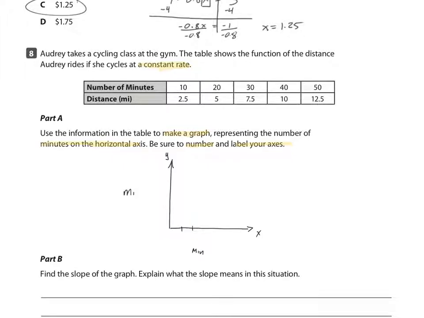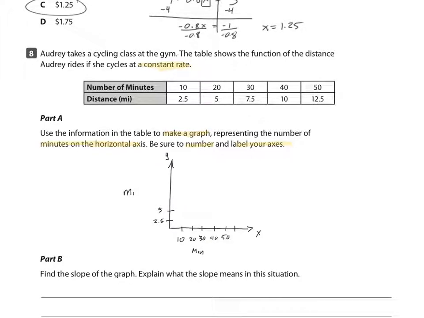We're going to break everything down in the x-axis in increments of 10. So 10, 20, 30, 40, 50. And the reason that we're doing that is because we see that the increments in the table are by 10. Next one, we're going to start with 2.5 and we're going to increase it by 2.5.